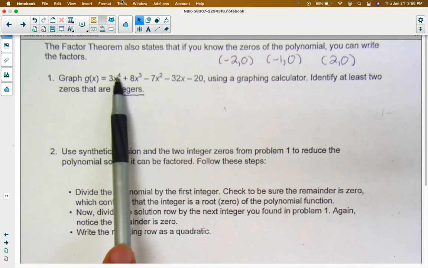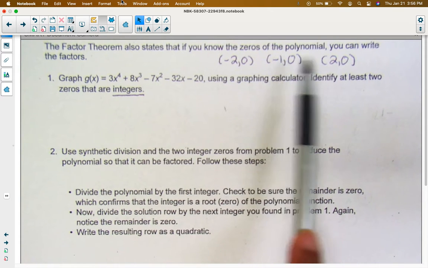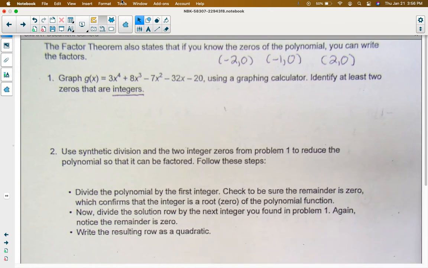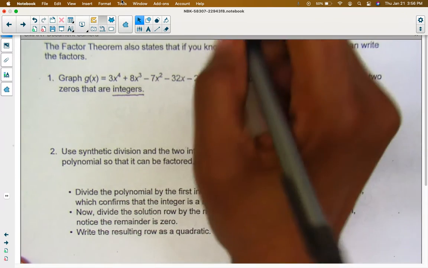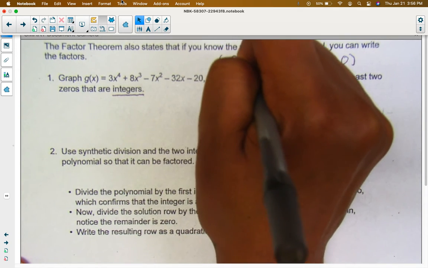So we are looking for 4 answers because my highest exponent is 4. 3 of them we found from the graph, which is fantastic, but that last one was not an integer, so I'm not going to use that. Now, if I put this in factored form, like I briefly talked about in the other video, this -2, 0 is going to be x plus 2.